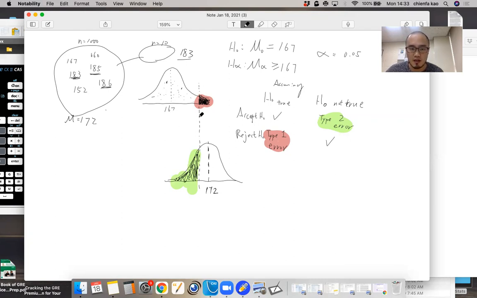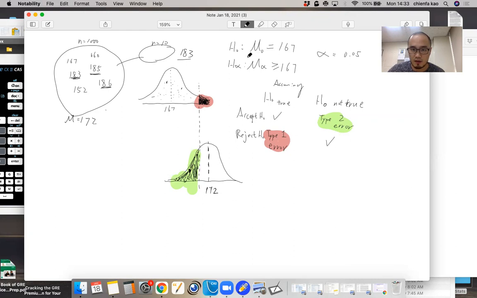So as you can see, this is the reality. This is true. But if we start selecting people that are slightly shorter at KIS, we will get a sample that has an average somewhere around here.